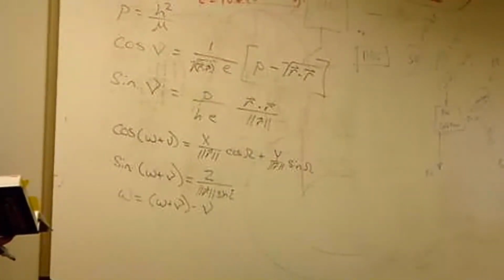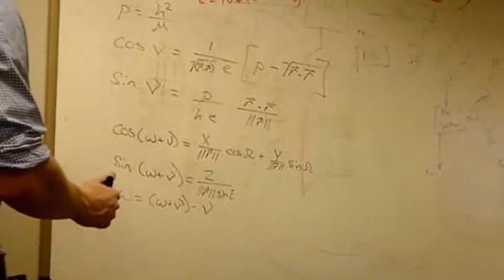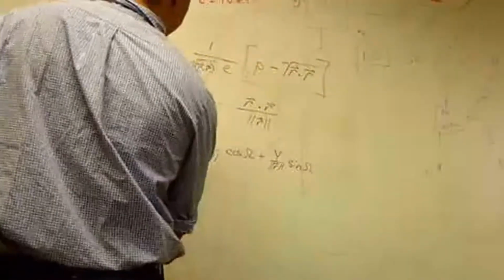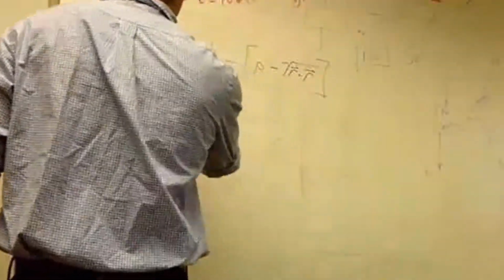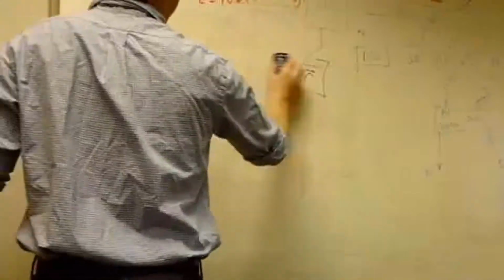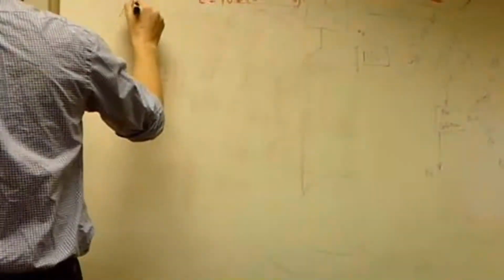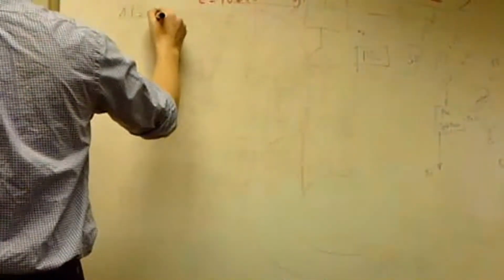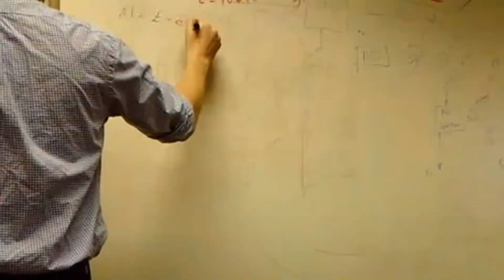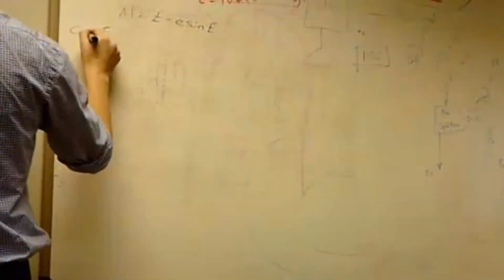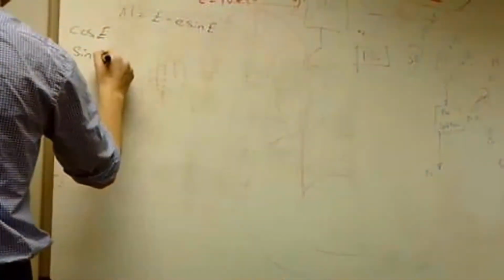And all right, remember our eccentric anomaly. We're going to use our eccentric anomaly and our mean anomaly real quick. So remember mean anomaly, Kepler's problem, and it's equal to E minus the eccentricity sine of the eccentric anomaly. Our eccentric anomaly can be found using cosine and sine.